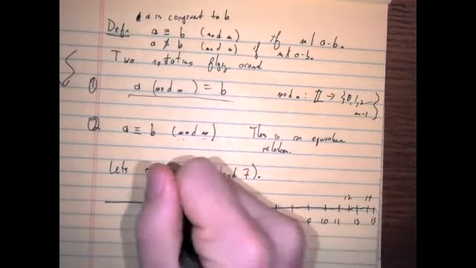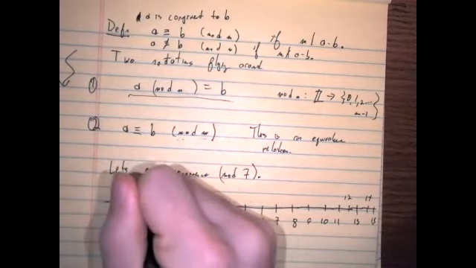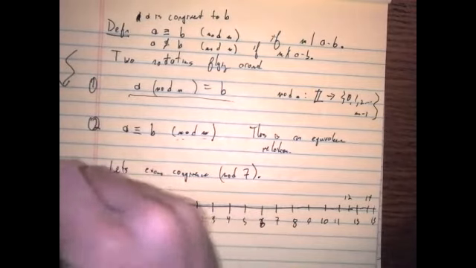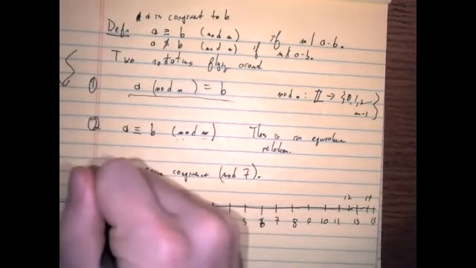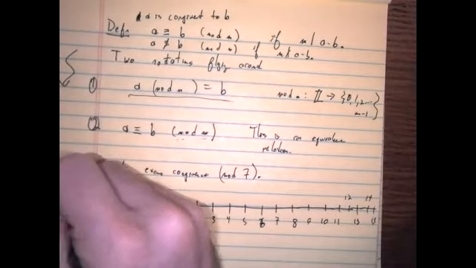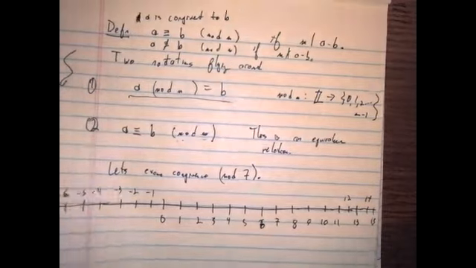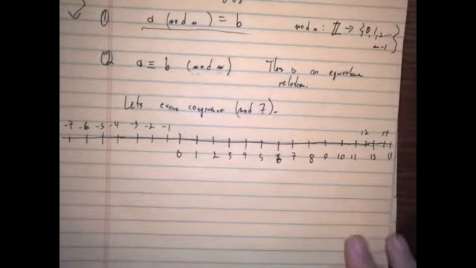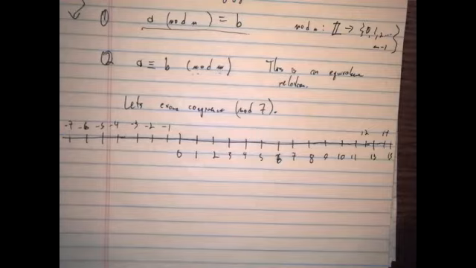And then I'm going to do some negatives: -1, -2, -3, -4, -5, -6, -7. Great, a number line. We're going back to your earliest mathematical days.